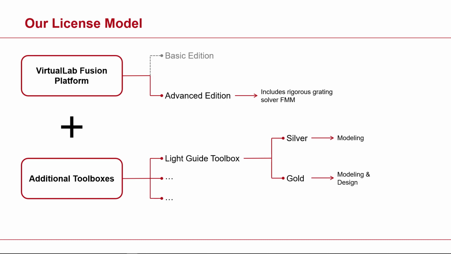Today, we are mostly going to concentrate on the modeling part. However, I will pull some tricks from the gold bag to make things a little bit faster. You'll see what I mean in a minute. And I will try to point out those instances in which I'm using tools that are specific to the gold version of the light guide toolbox.